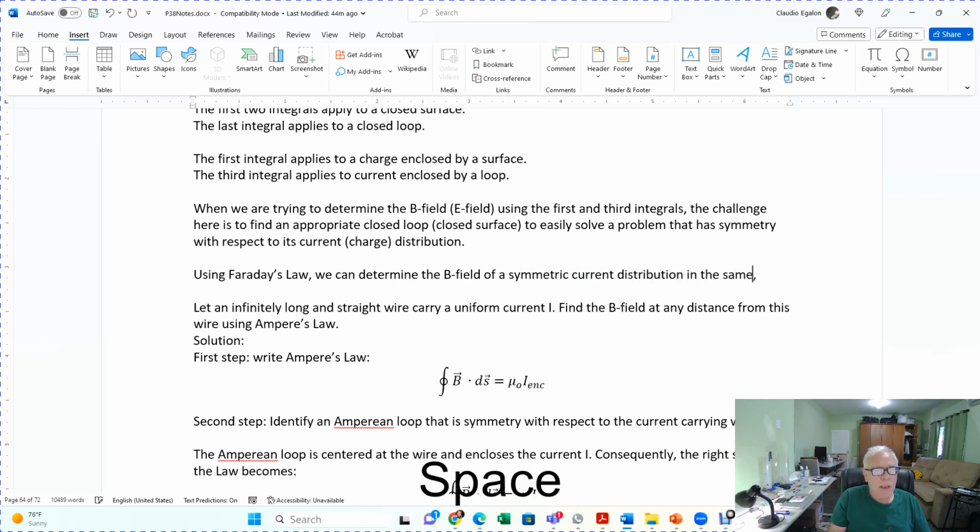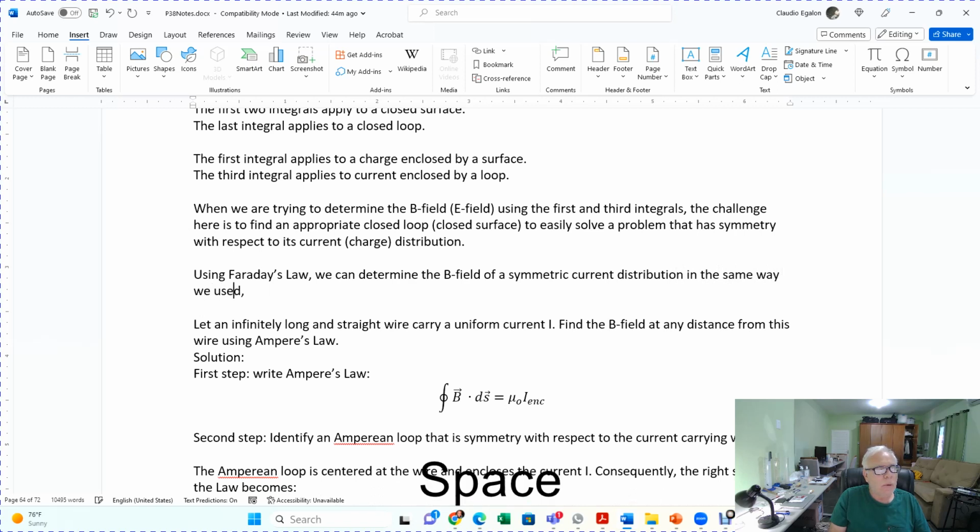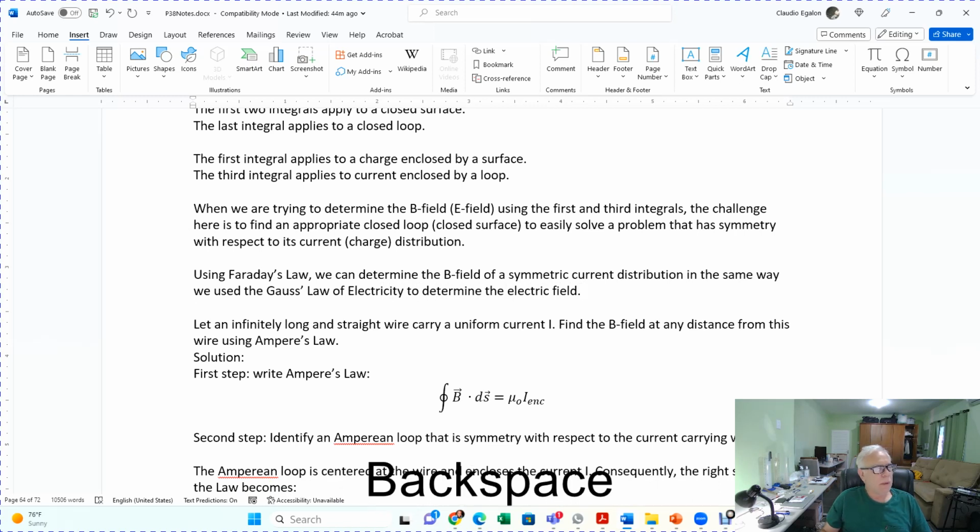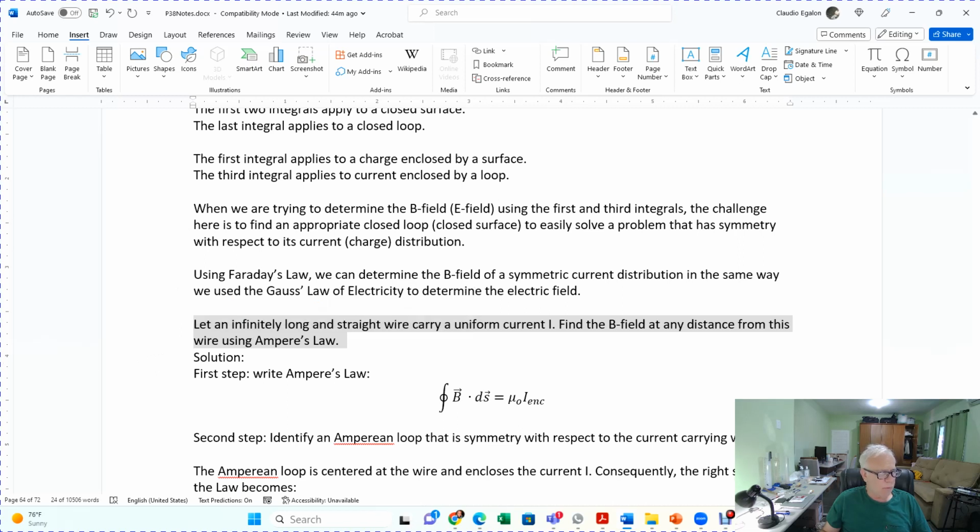In the same way, we use Gauss's law of electricity to determine the electric field. Okay? So we are going to come up with one example, something that we already did, that we already solved using the Biot-Savart law.